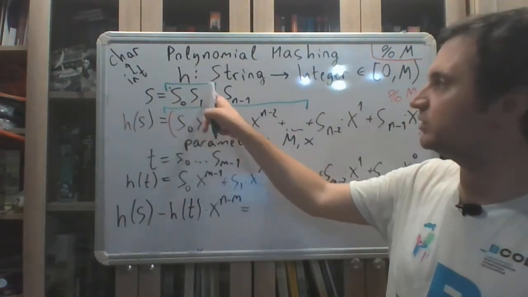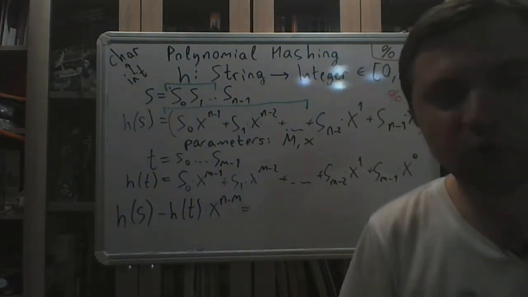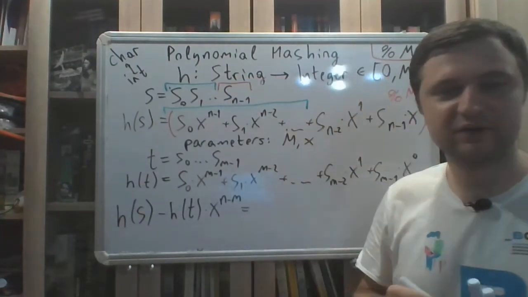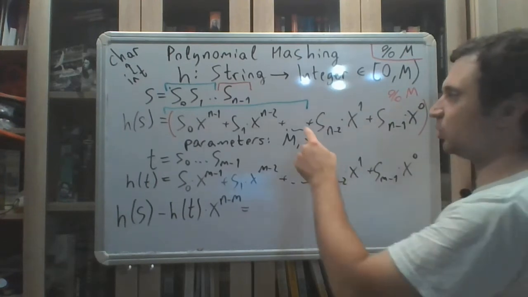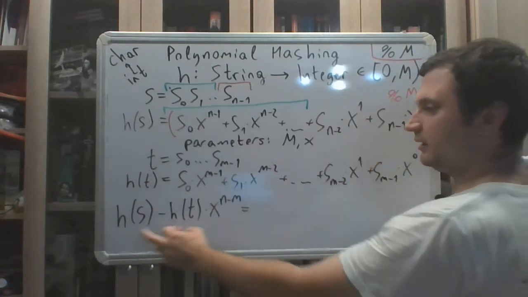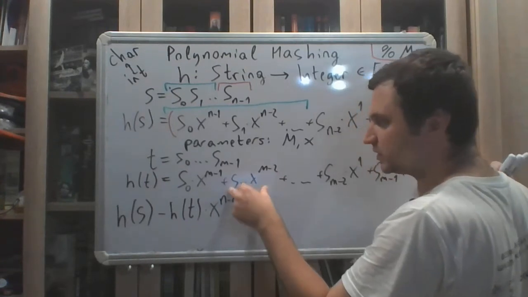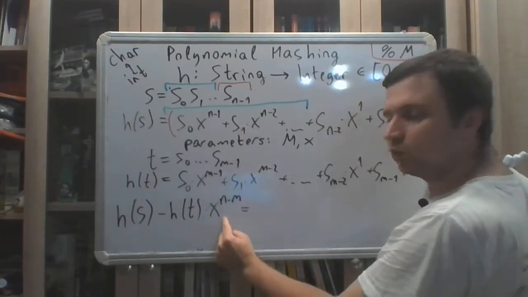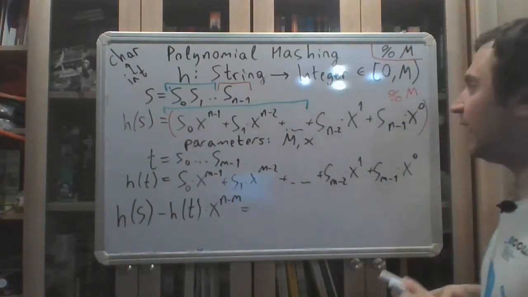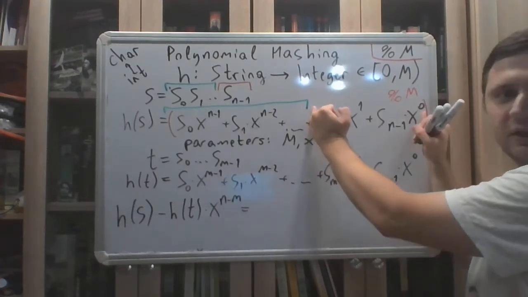The terms corresponding to these letters are perfectly subtracted, and we are only left with the terms corresponding to all the other letters. So the first m letters had the terms over here, and we removed these terms because we took the corresponding terms multiplied by exactly the right power of x. So all those terms are removed, and for the last letters we received such a polynomial.